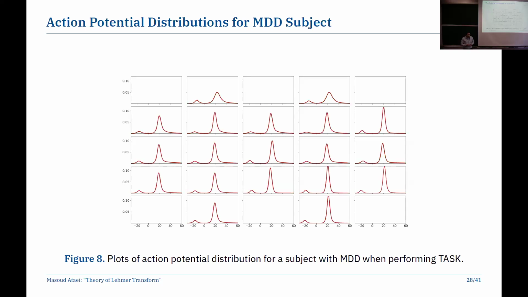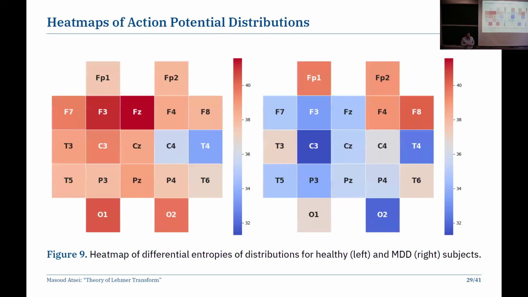But when it comes to the MDD subject, we see bimodal distributions. Bimodal distributions mean that there's no regulated activity in the brain. In other words, the firing, excitations, and resting states happen in extreme ways. They are not well regulated. But perhaps it's most useful if we consider the heat map of these distributions.